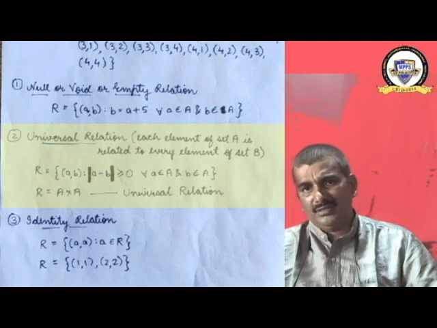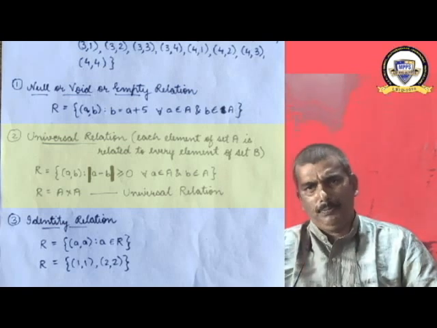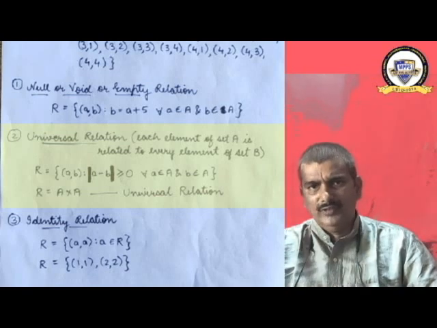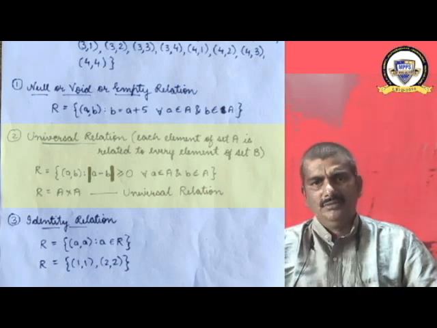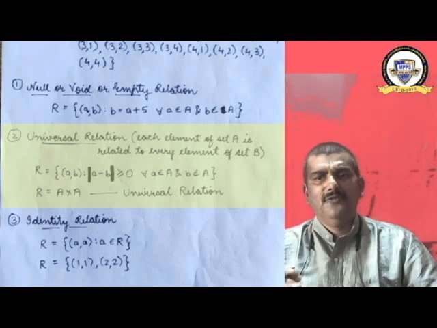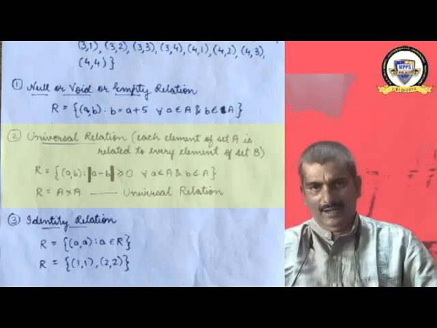That is also greater than 0. If you consider each and every ordered pair of that universal relation, then you can find each and every element of set A is related to each and every element of set A. That is why the set R is a universal relation.